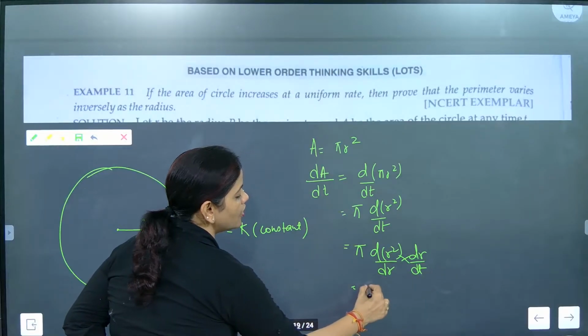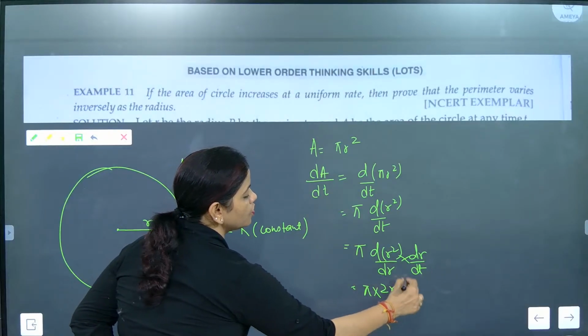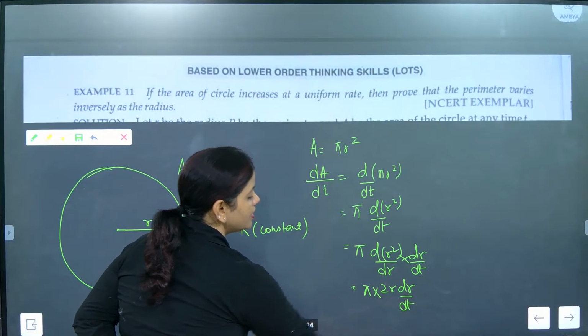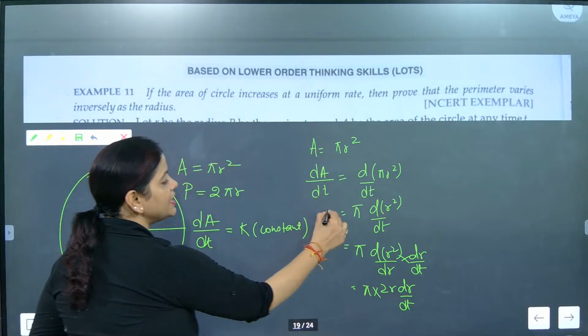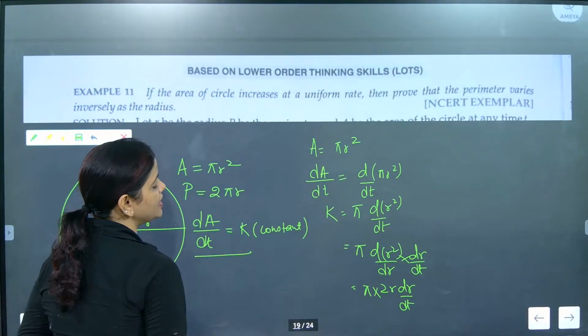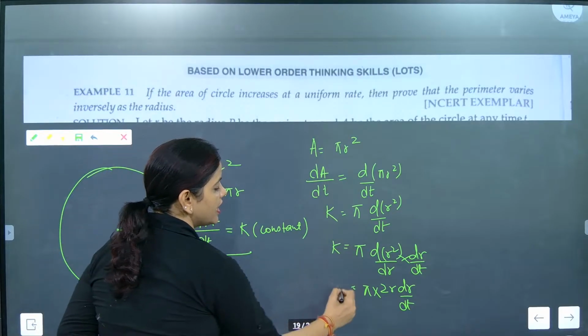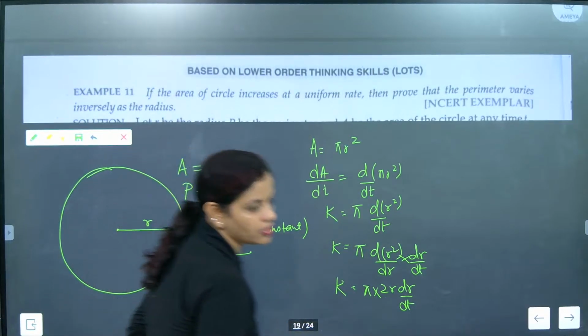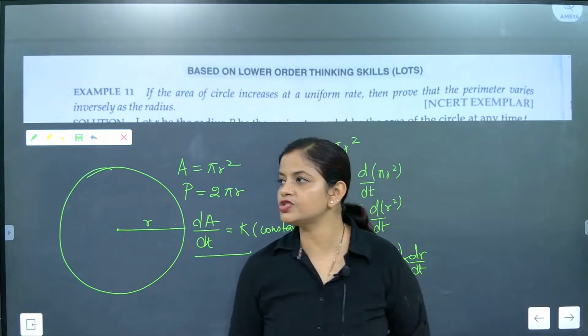So here it will become pi into 2r dr by dt. And that dA by dt is nothing but k, because they have already given dA by dt is equal to k constant. Till here we have understood.